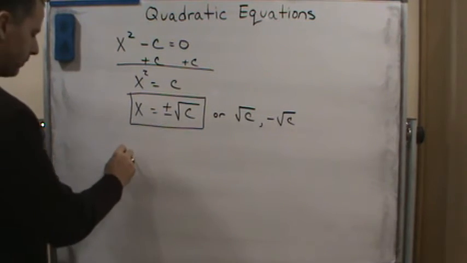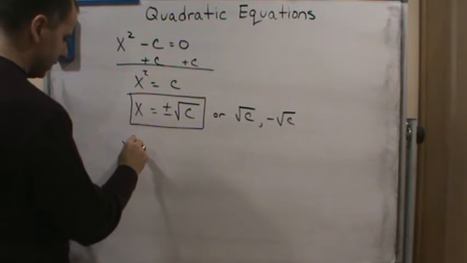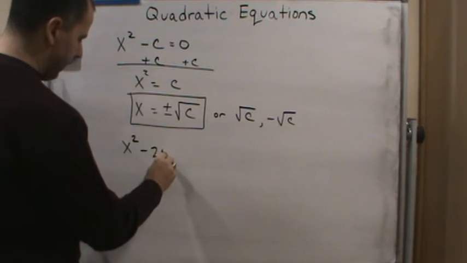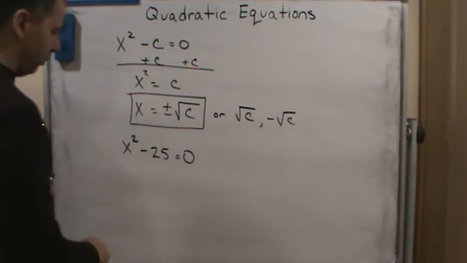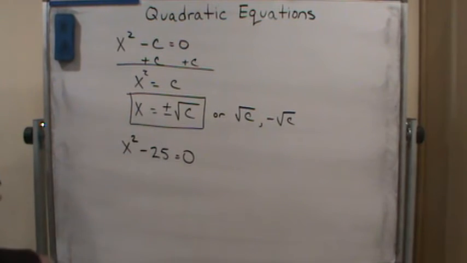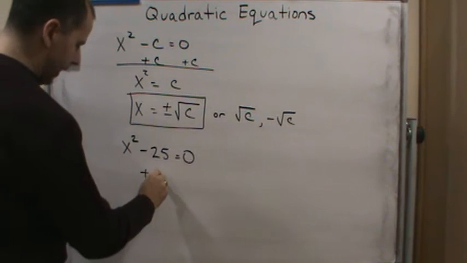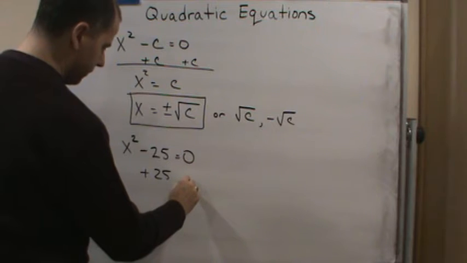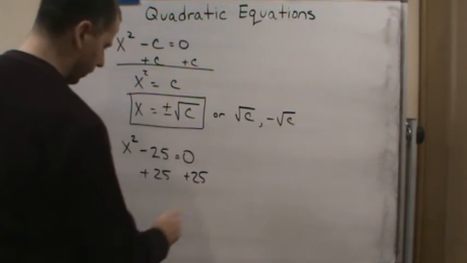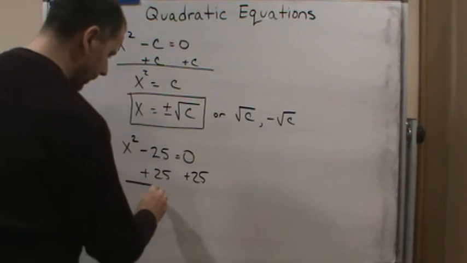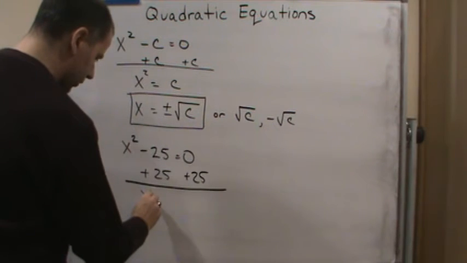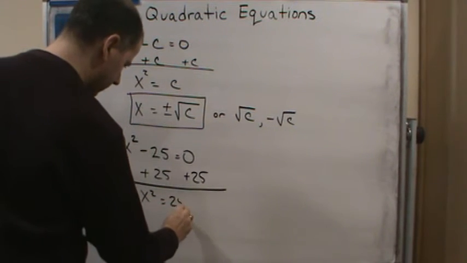So if I give you something like this, x squared minus 25 is equal to 0, then all you would do is, again, add 25 to both sides. And so you would get x squared is equal to 25.